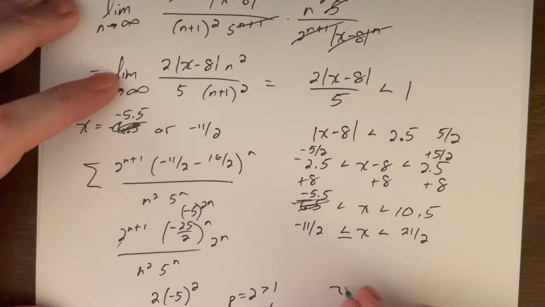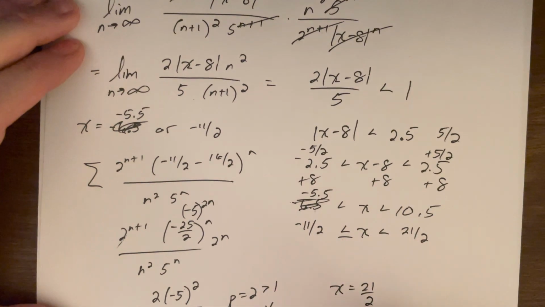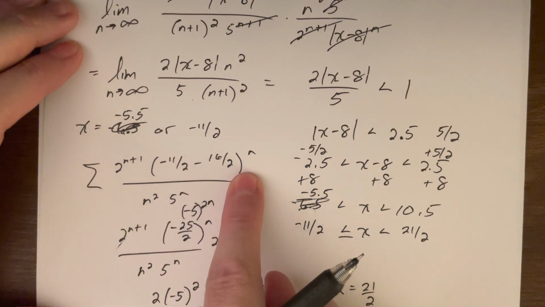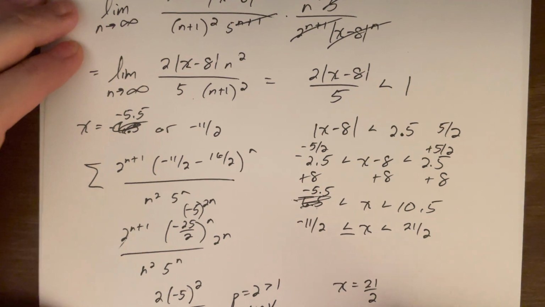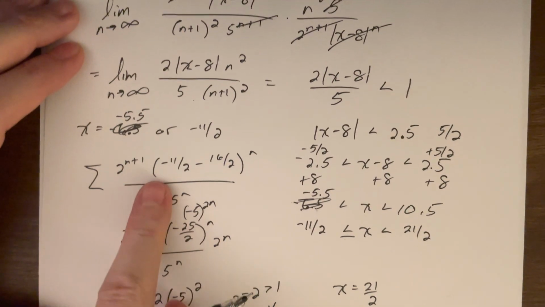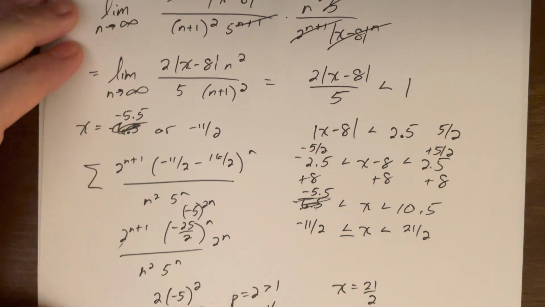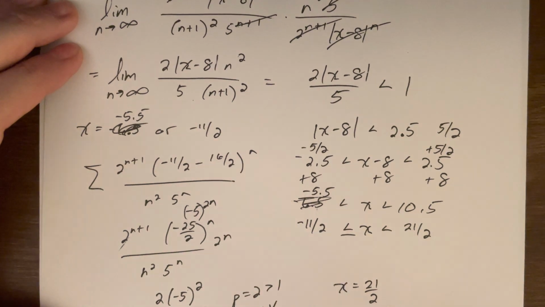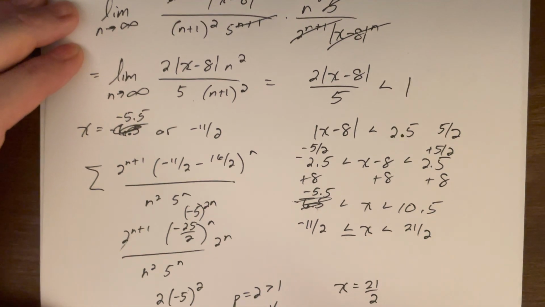If we let x be 21 over 2, 21 over 2 minus 16 over 2 is positive 5 over 2.